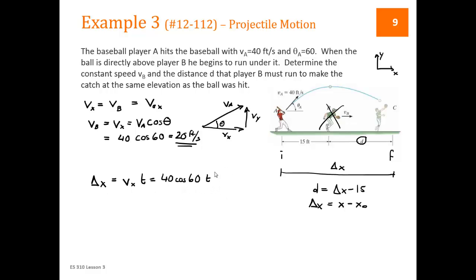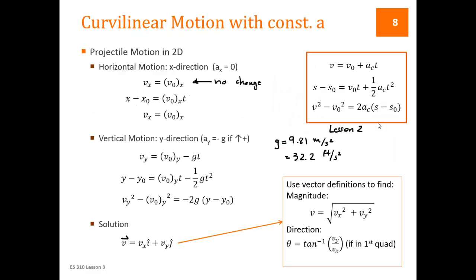Now we need to figure out another equation involving t. In the y direction, from initial to final, delta y is 0, because it starts at one level and it's caught at the same level, so the change in y is 0. So how does that help us? Now we know delta y is 0, so in this equation we'd have 0. We can find the initial velocity in the y direction, because we know the angle and the magnitude, and we know g.